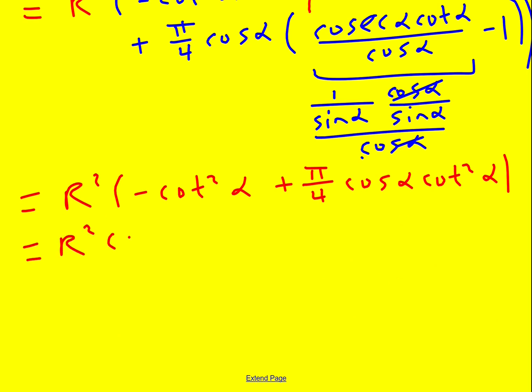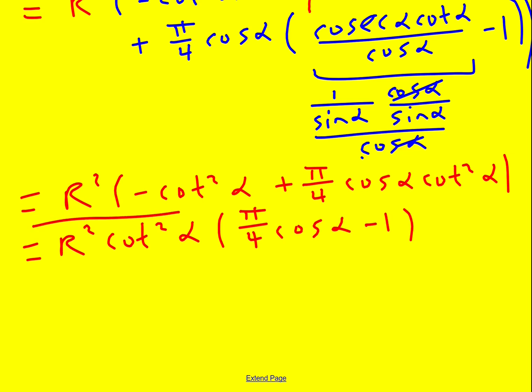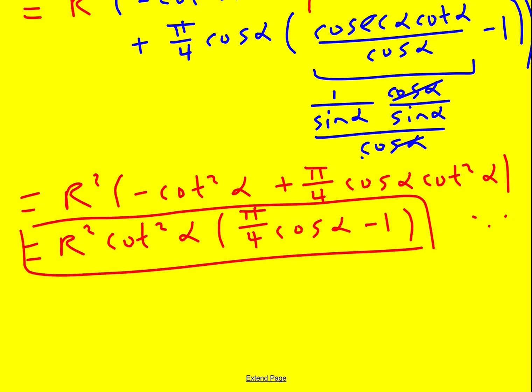So factorize that cot squared out. We're left with pi over 4 cos alpha minus 1. I'm sorry, that explanation was a little bit messy. I could have maybe done a bit better, but hey, look, I got there, all right?